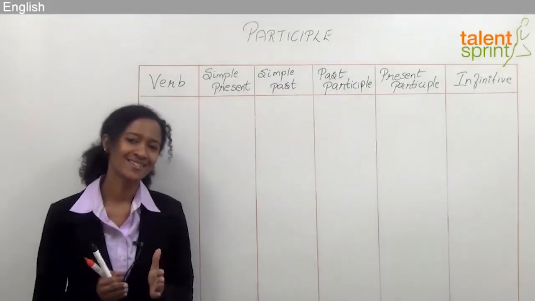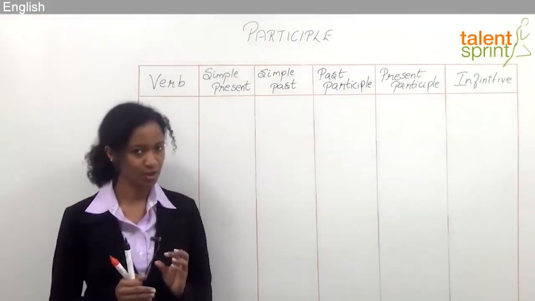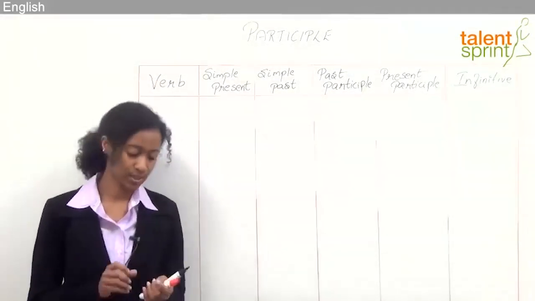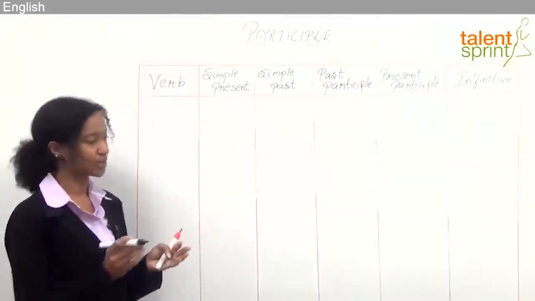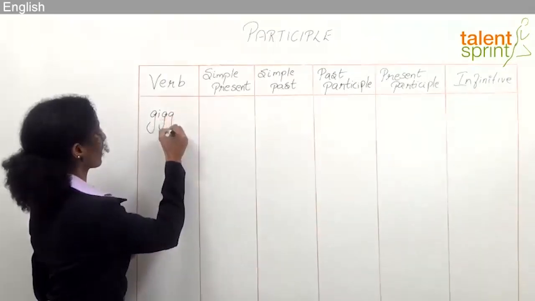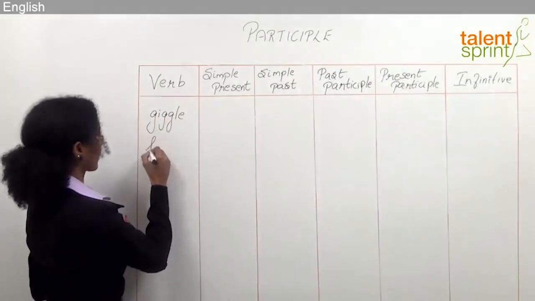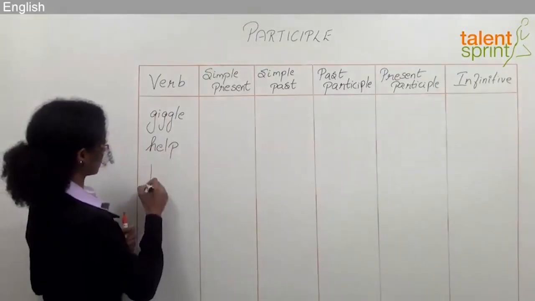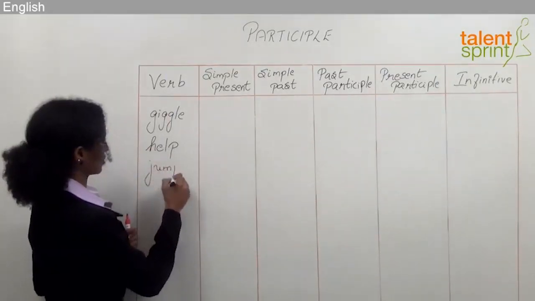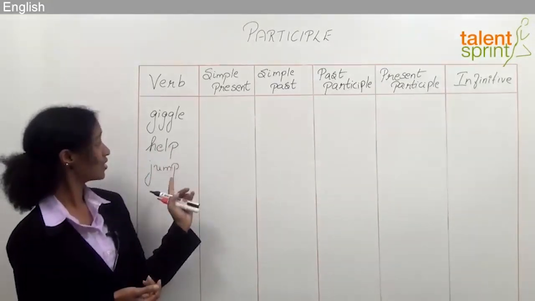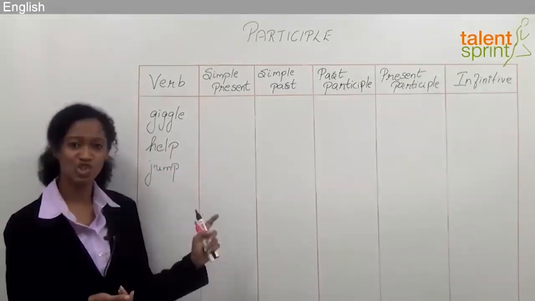So let's understand the 2 forms of the participle out of the 5 forms with some examples. Okay, so let's look at a couple of verbs. So these are the verbs giggle, help and jump.